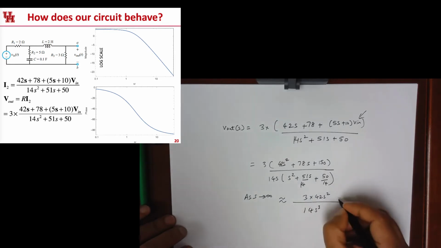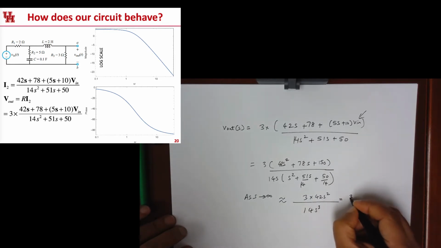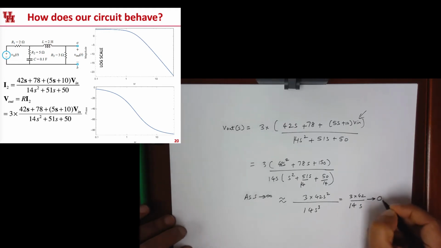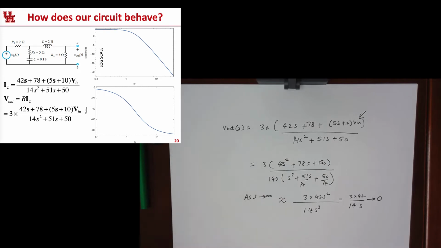So this is going to become 3 times 42 divided by 14, s. Now s is in the denominator, so as s tends to infinity, this whole thing will start to tend towards 0.